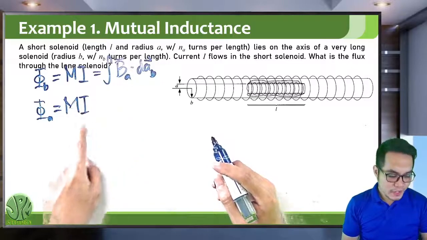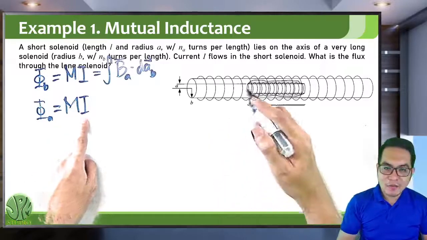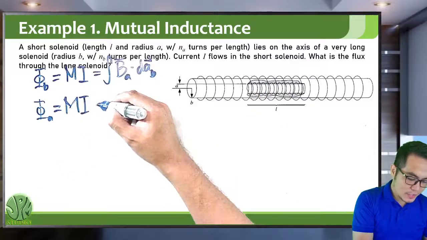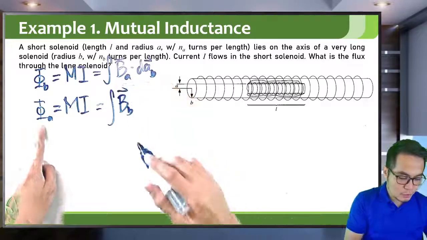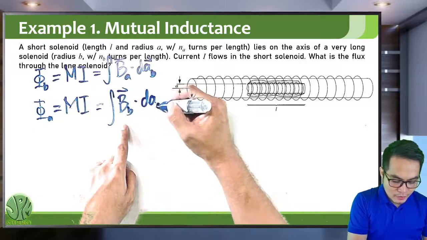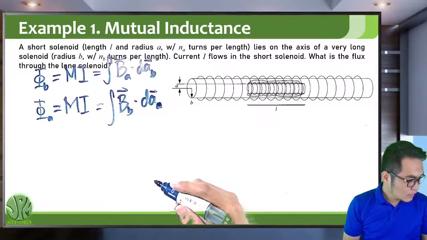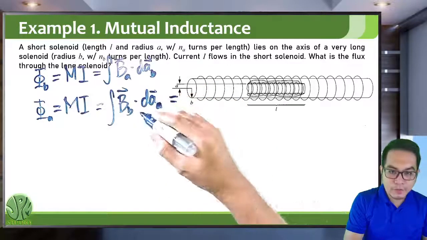But if we take the reverse, instead, find the flux on A and let the current flow through the long solenoid, which is B, then the flux on A is just the magnetic field of B over the area of A.